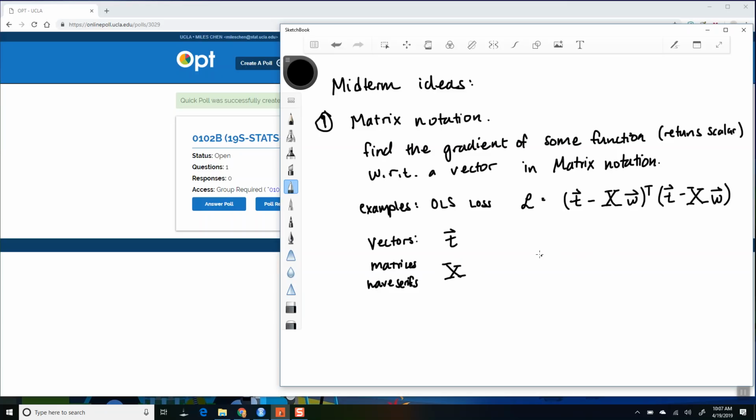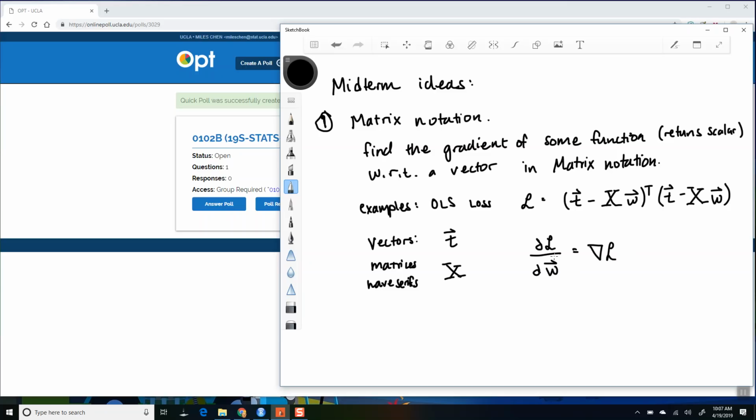And then I would ask you to find the gradient of this with respect to some function, okay? Obviously not this, something different, but this is the idea that I'm going for.